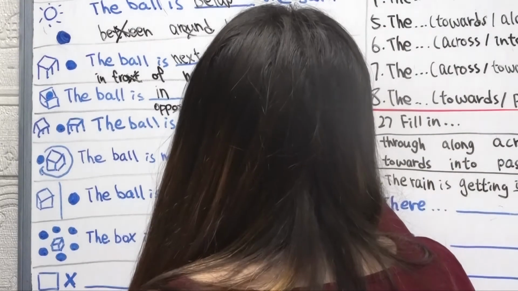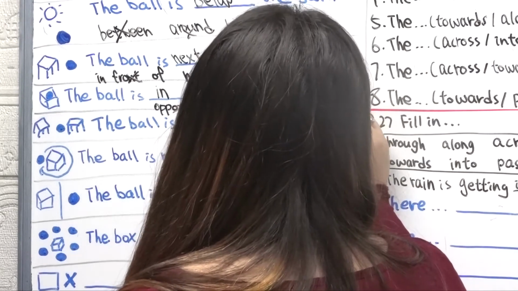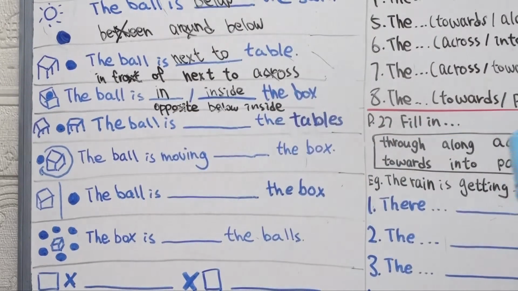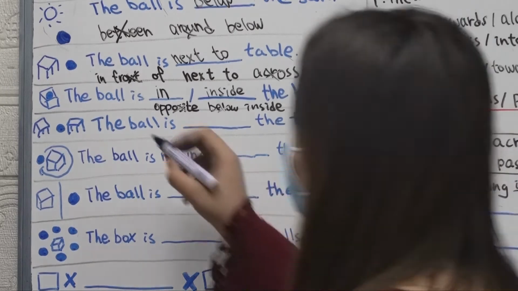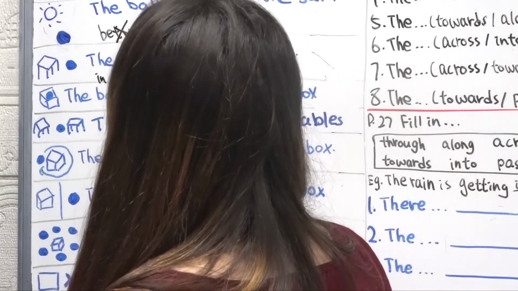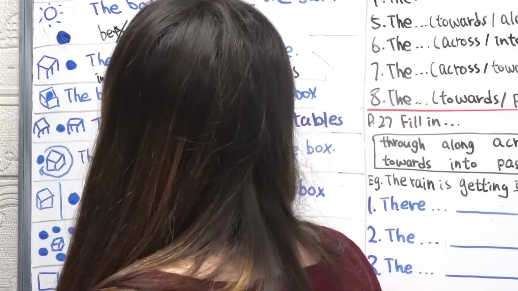The tables. Which preposition do we use for this? Basically, the ball is in the middle, right? Is it inside? Is it between? Is it on? So on, inside, or between?